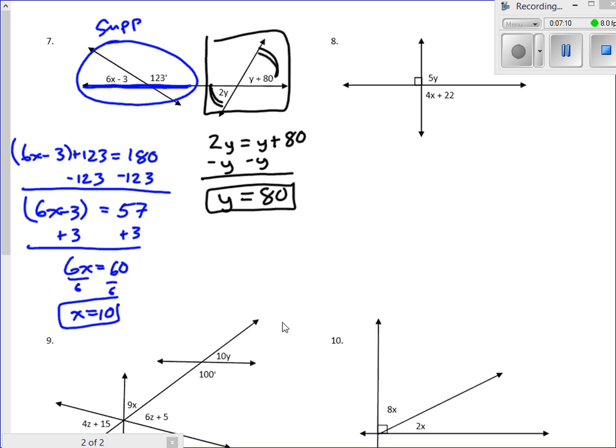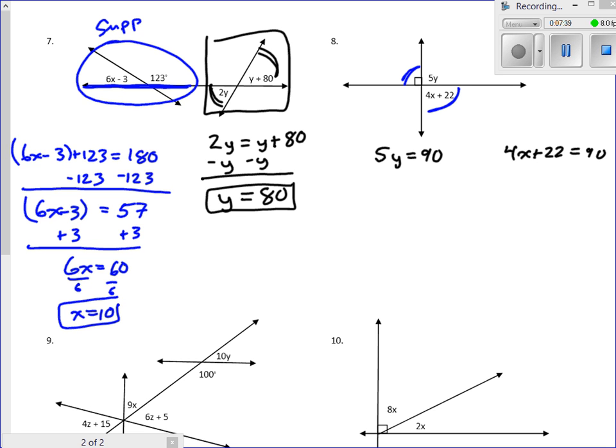If you look at number 8, you get this set of what many of you probably recognize as perpendicular lines, 2 lines that form a right angle, which actually means all of these are right angles. So this kind of a problem could be very easy for us in that 5y equals 90 and 4x plus 22 equals 90. Now another way to look at this, right, we have vertical angles right here as well, right?